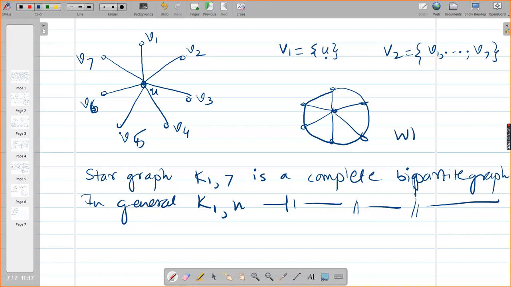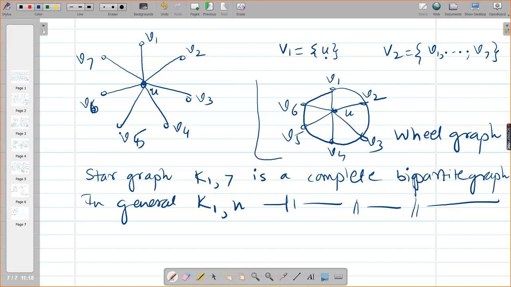This is called a wheel graph. Is it a bipartite graph?